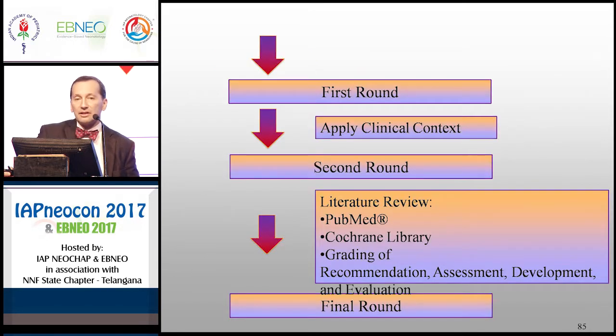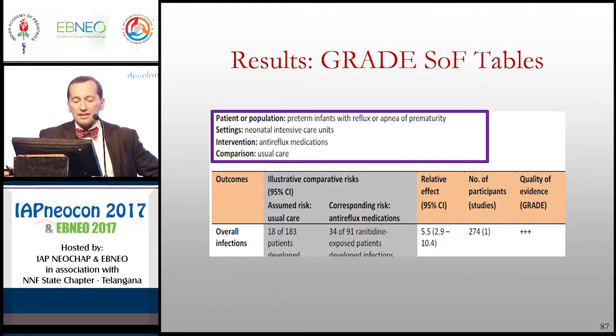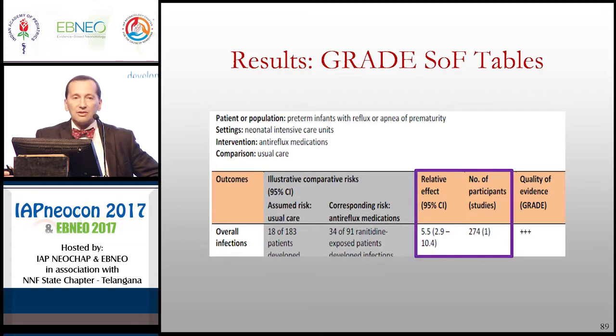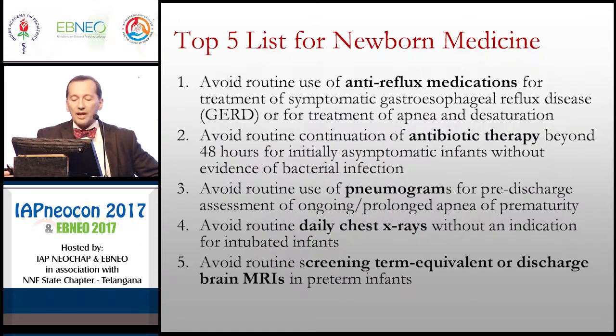After applying the clinical context, we then didn't just rely on the experts to know everything. We did a GRADE review for the 14 items that were still on our list, and as you heard from Dr. Wright this morning, we developed an evidence summary, tables that looked like this, and gave them to the experts along with a 1-paragraph summary of evidence so that they could make their votes in an informed way.